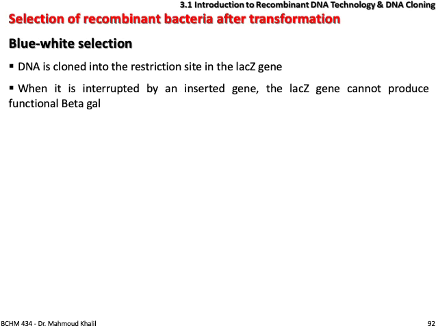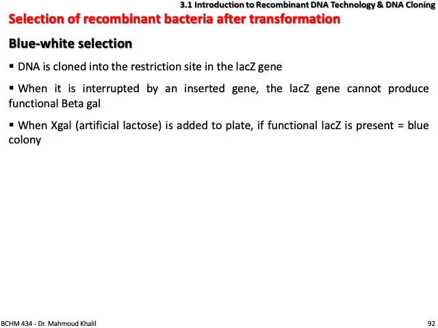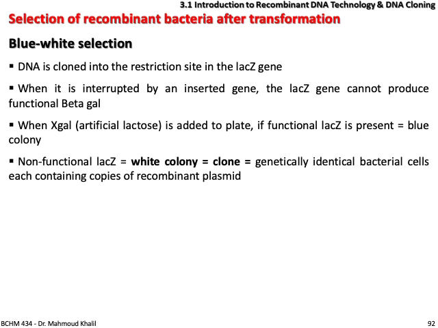When it is interrupted by an inserted gene, the lacZ gene cannot produce functional beta-gal. When X-gal, which is like an artificial lactose, is added to the plate, if functional lacZ is present, the colony of the bacteria will be blue. If lacZ is non-functional, meaning the lacZ sequence of DNA has been interrupted by insertion of a gene, a white colony will be produced.